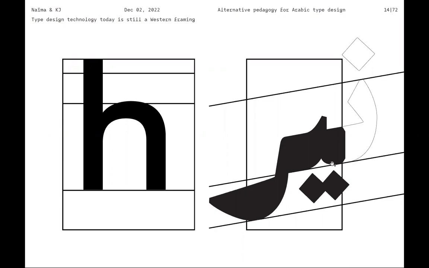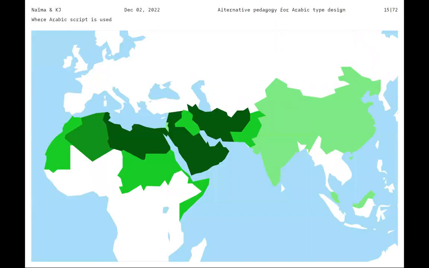While Arabic doesn't necessarily sit on a very strong baseline, has this fluidity, has these connections that are much more organic. There are ways and possibilities to do it, but still for us, there was a general frustration that was happening when it comes to type design and technology in relation to the Arabic.